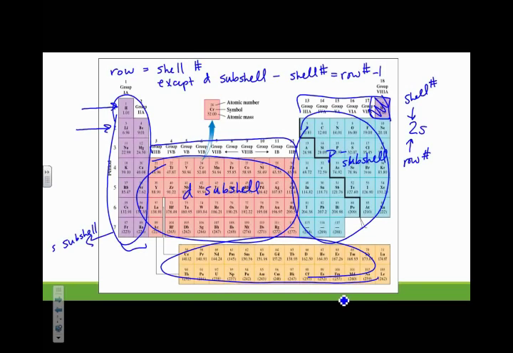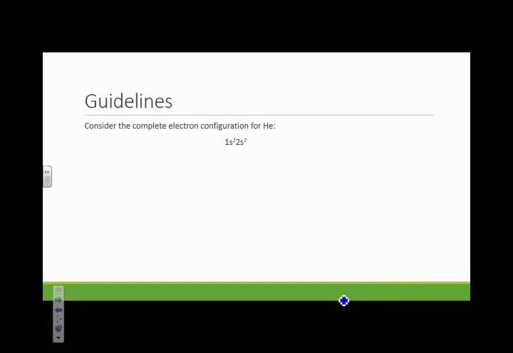And these yellow ones here at the bottom are the F subshell. So if we were looking for the 2s, we would go to the second row, to the S block, and we would see that these guys were in the 2s. So hopefully that's quick information about where things are in the periodic table.